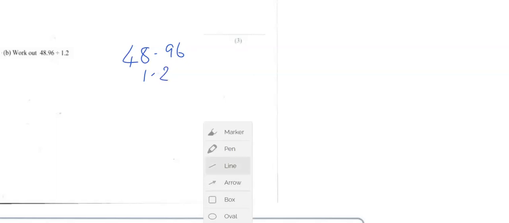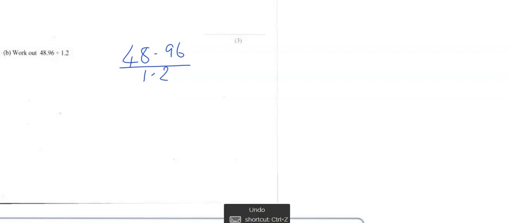Now in this question, I'm once again concerned with decimals. I'm doing 48.96 divided by 1.2, and in this case I once again have to move the decimal point to make them both whole. If I do it one place to the right with this number here, that'll make it into 12, which would be okay.